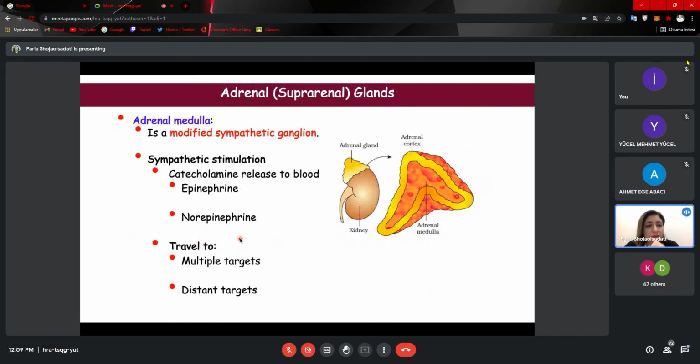As I mentioned before, the adrenal medulla is thought of as a modified sympathetic ganglion, and the hormones it secretes travel through the body by the bloodstream and perform multiple functions in the body and have multiple target organs.